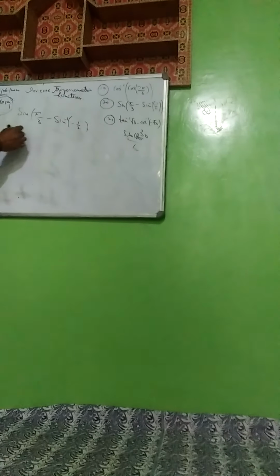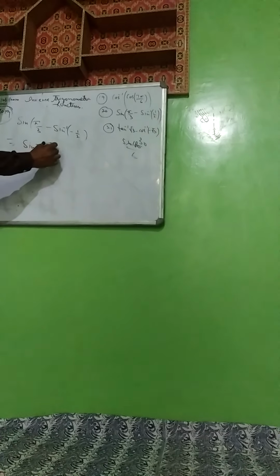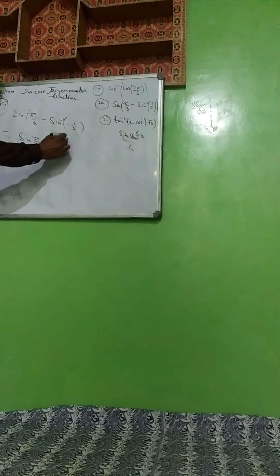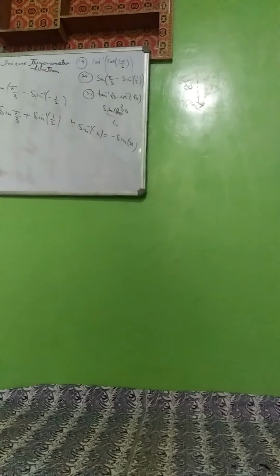You may get this as sine of pi by 3 plus sine inverse 1 by 2, because we know that sine inverse of minus x is always equal to minus sine inverse of x.